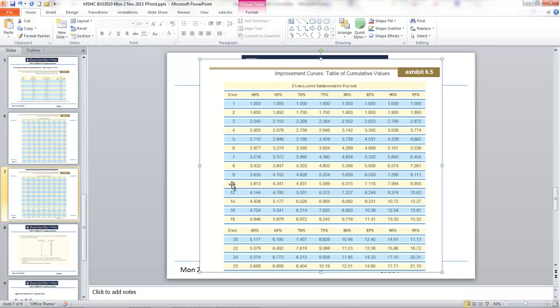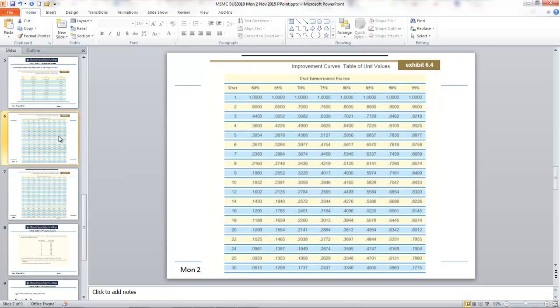And so to build our first 10 units, it's a problem that we're going to be working on here. This table is different. It shows the total amount of time it takes to build 10 units, as opposed to the previous table over here, which showed you the amount of time for every unit that you build.